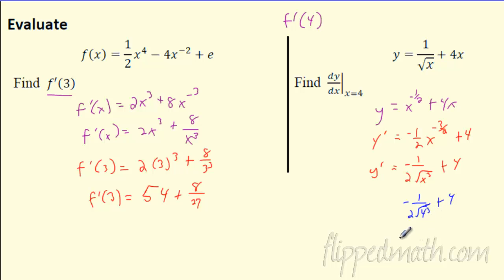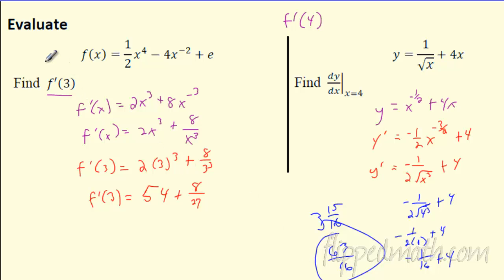And then if I square root it, I get 8. So I really get negative 1 over 2 times 8, plus 4, which is negative 1/16 plus 4. This is one I could actually simplify without beating myself up too much. It should be 3 and 15/16. If you want to make that an improper fraction, you can say 48 plus 15, I think, is 63/16. Woo! That is great right there.